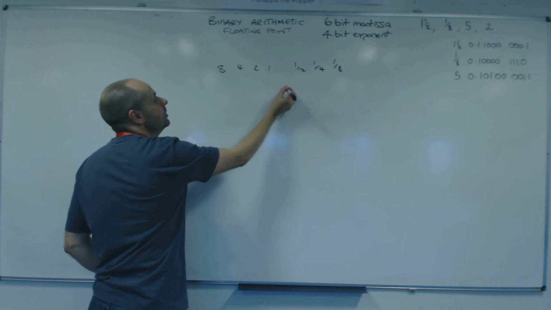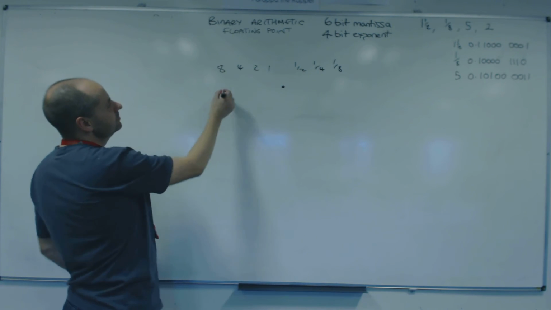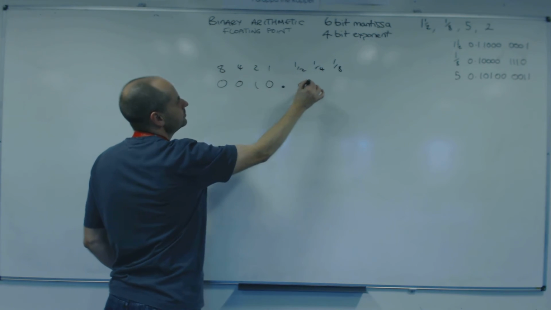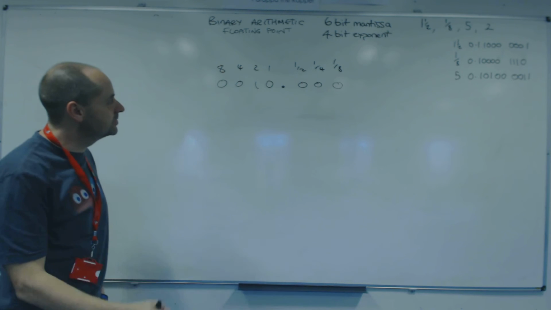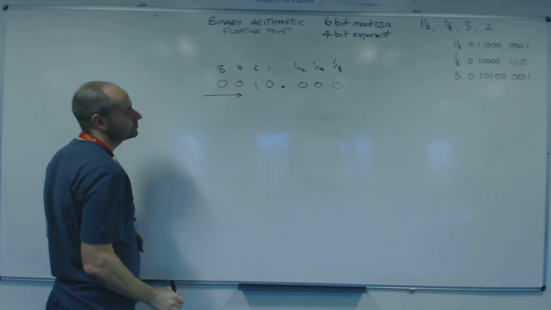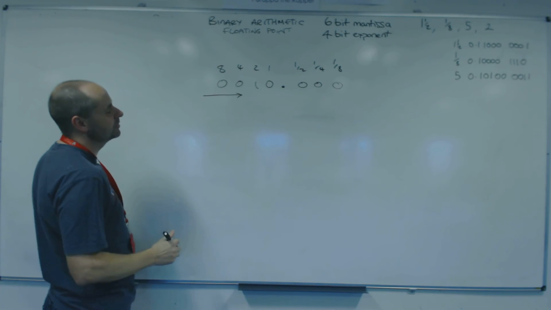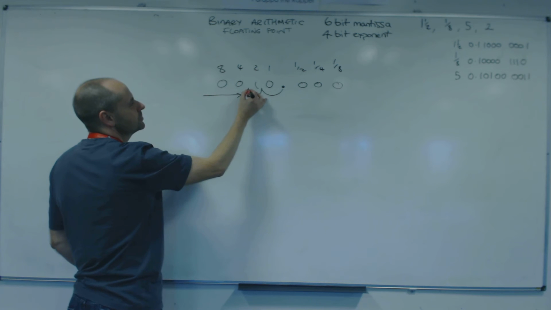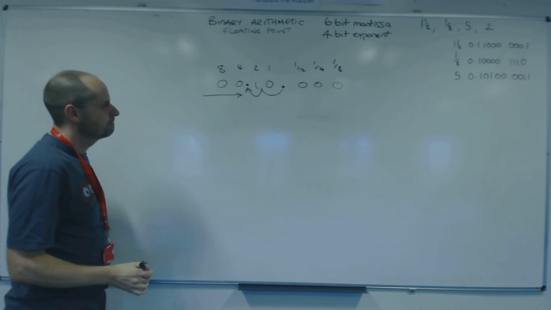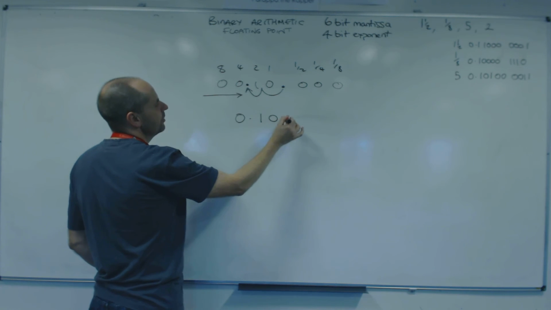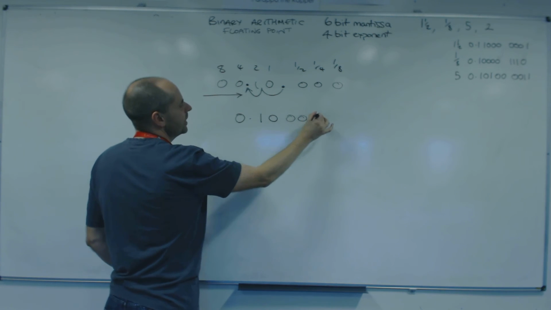Okay, the next one is 2. So, put a sign bit of 0 because it's positive. Write down 2, fill all the other ones in. We need to normalise it again, so just work from this side, find the last 0. Because this is a positive number, we're looking for zeros. And that's where we want to put the binary point. So 1, 2 positions. Okay, so my mantissa is 0.10. And then I need another 3 spaces filling in.